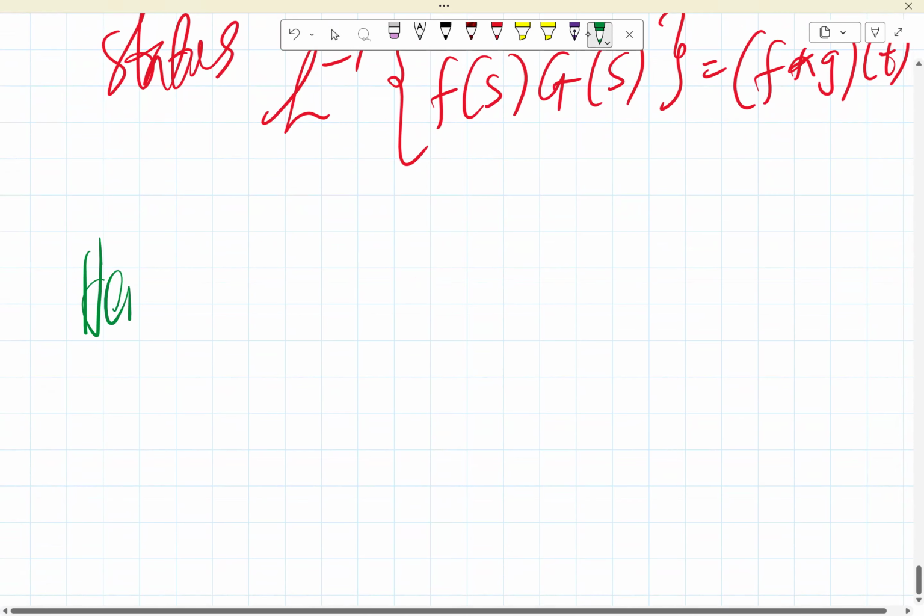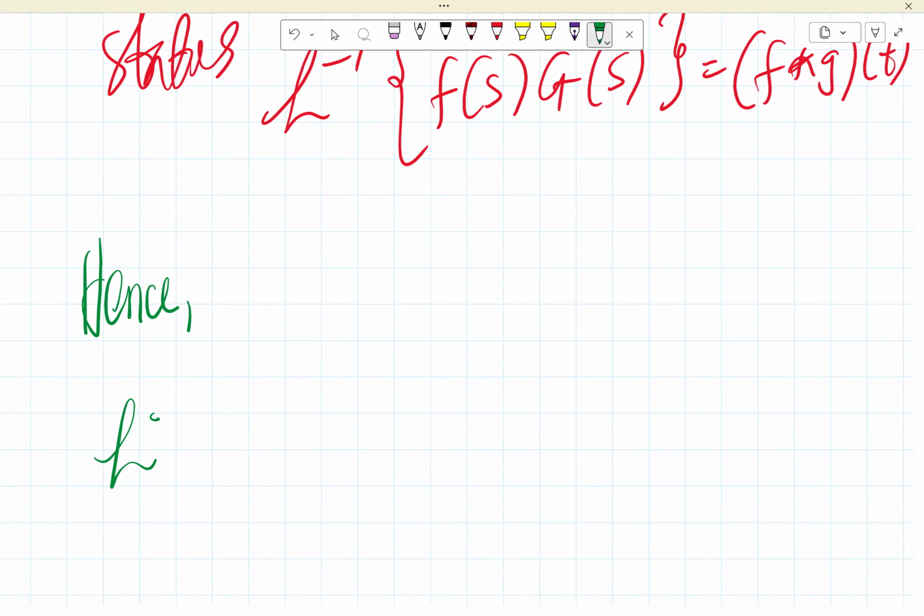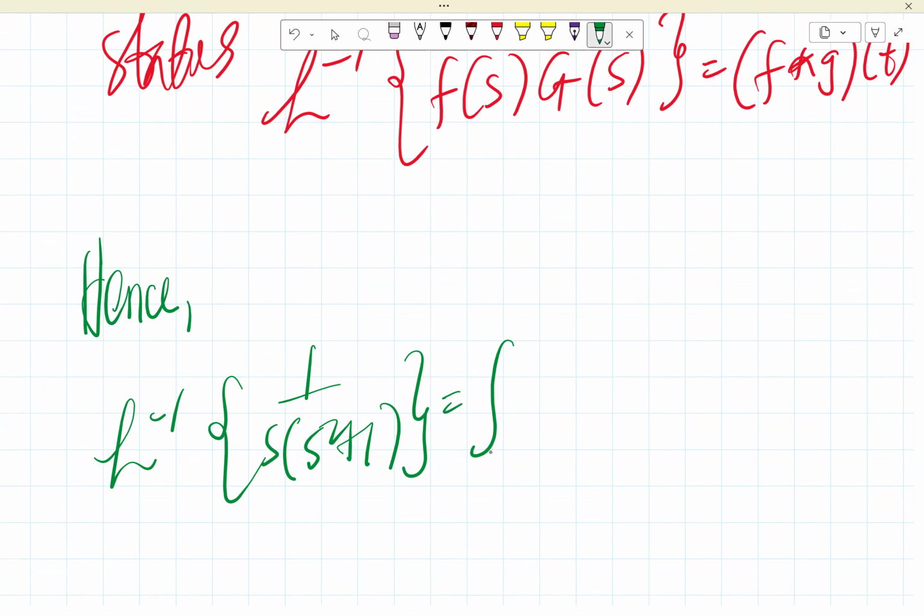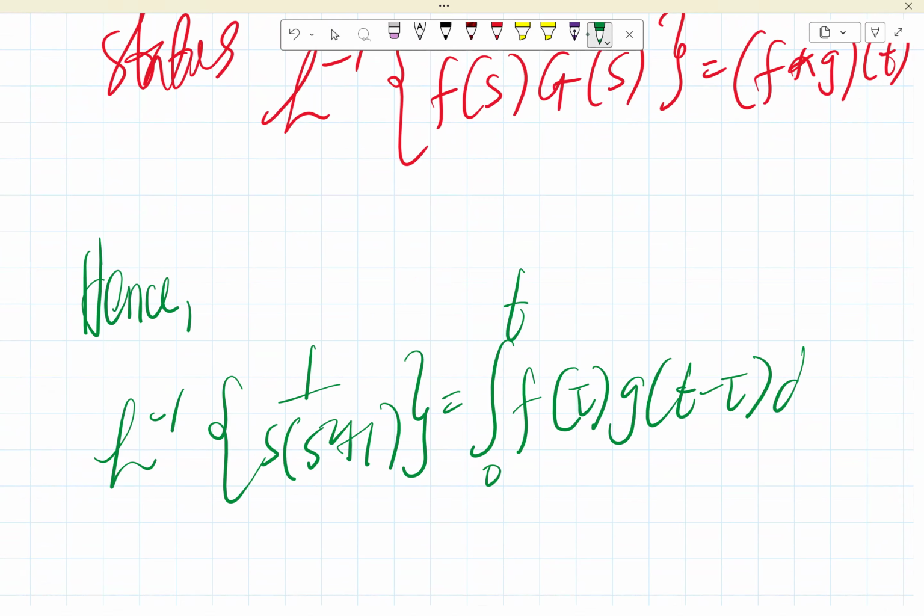Hence, we have the inverse Laplace of 1 over s times s squared plus 1 equals the integral from 0 to t of f of tau g of t minus tau d tau.